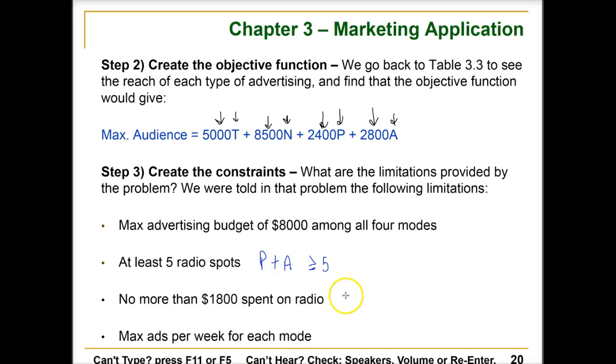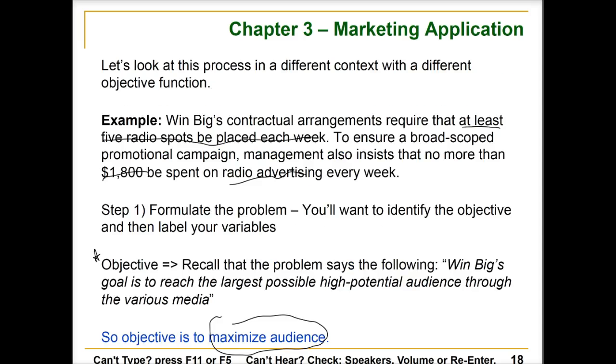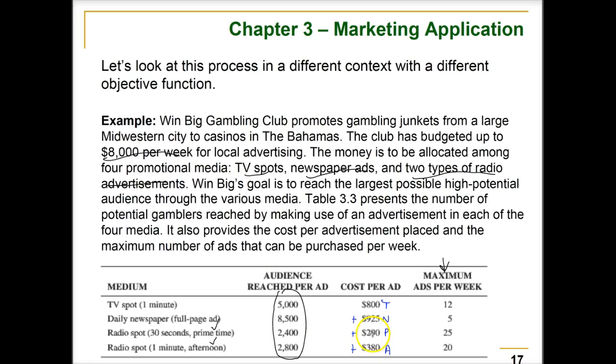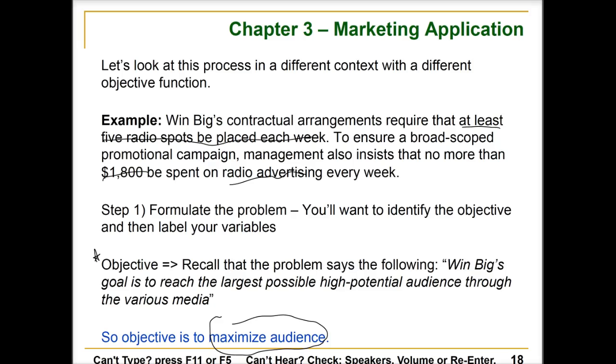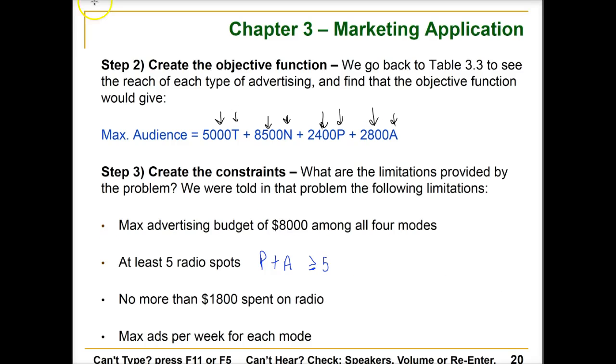So we know that for the radio, if we go back to that, we know that the 290 is for the prime time, 380 is for the afternoon. So 290 and 380. So 290 for the prime time plus 380 for the afternoon. That has to be limited to 1,800.